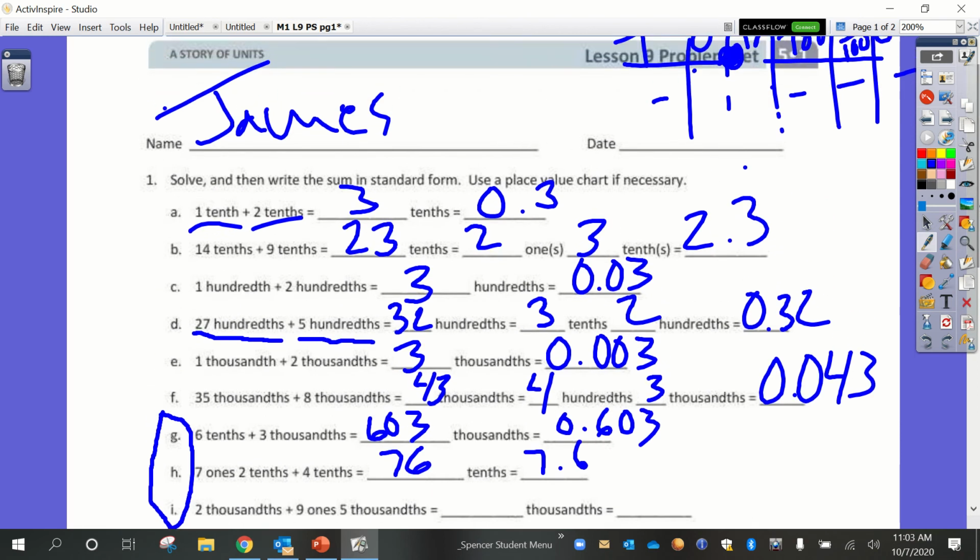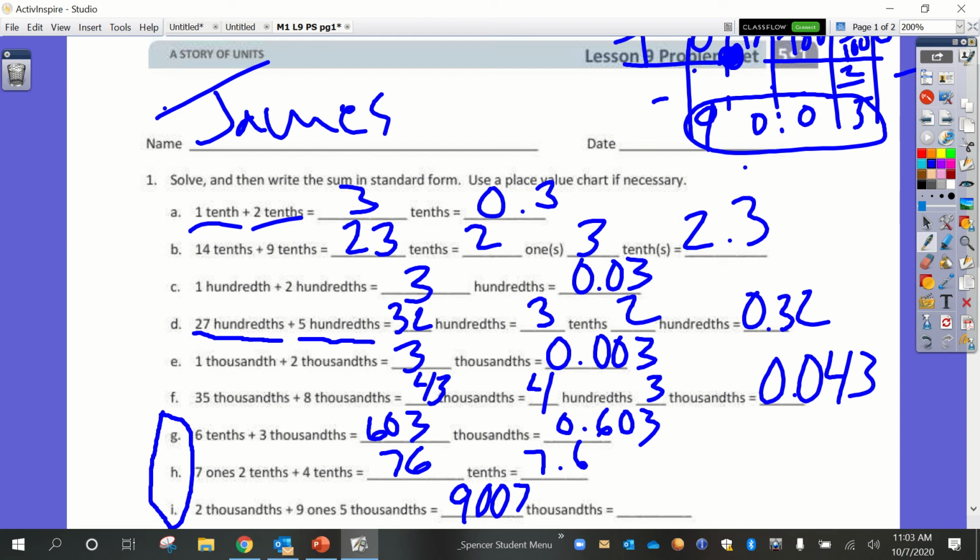So 2 in the thousandths place for the one number. And then we're doing 9 ones and 5 thousandths. Now remember, if we decompose this, this would be 9,005 thousandths, that's a mouthful, plus 2 thousandths, or 9,007 thousandths.